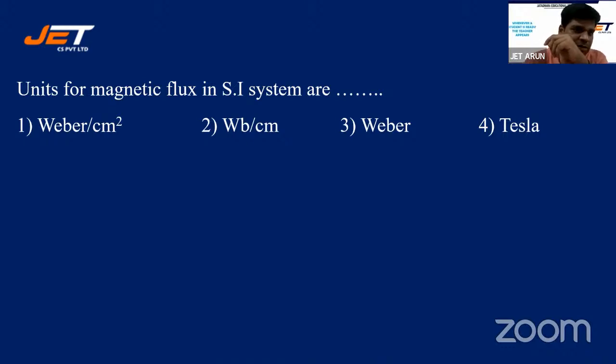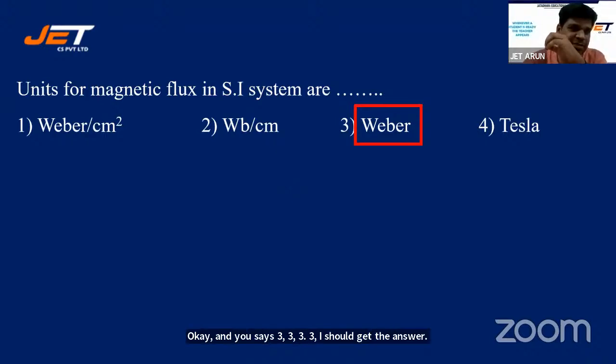Okay, Angel says 3, Ria says 3, Sharon says 3. Let's look at the answer. 3 is absolutely right, students. Taruni says 3, Gayatri says 3, Vishwant, Gautami, Saivardhan. All right, good. Let's look at the next one.